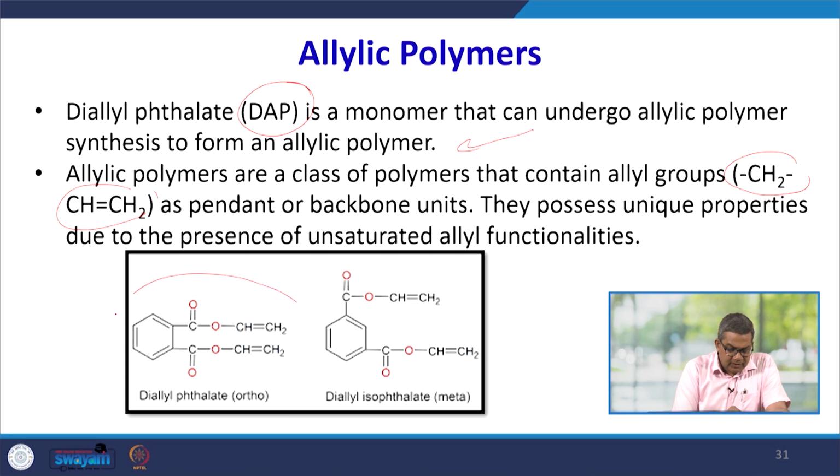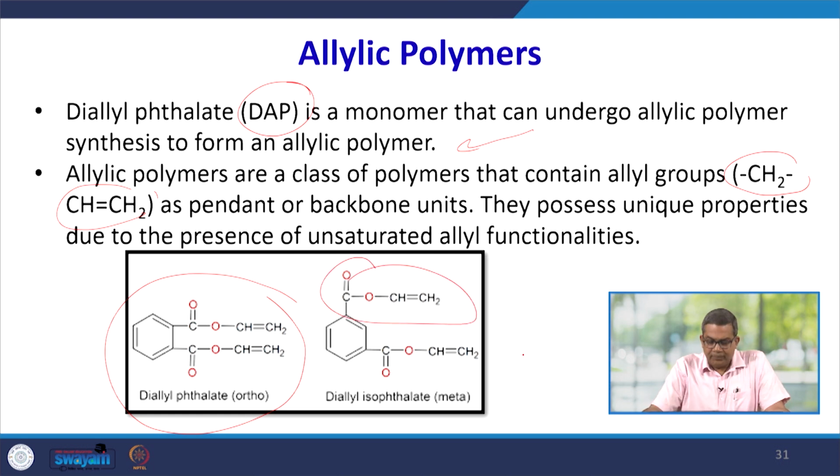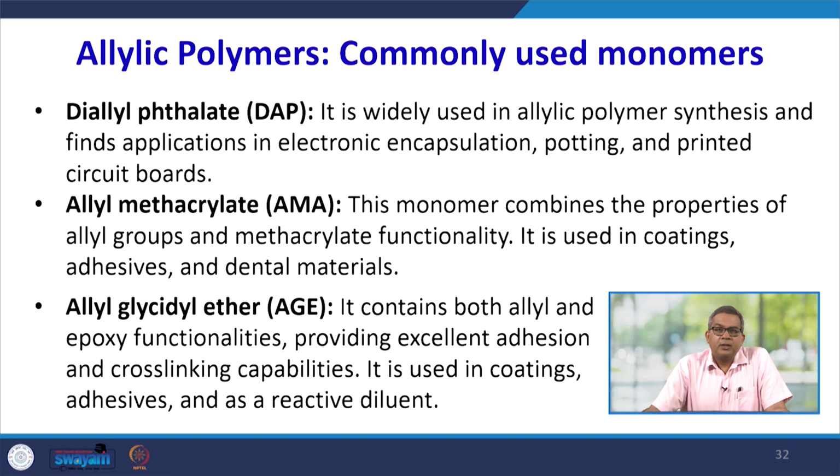Here you see diallyl phthalate in the ortho position, and here diallyl isophthalate in the meta position. Allylic polymers are commonly used, and diallyl phthalate is widely used in allylic polymer synthesis and finds application in electronic encapsulation, potting and printed circuit boards.